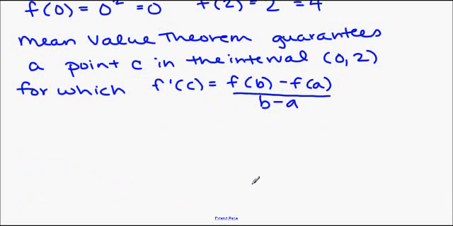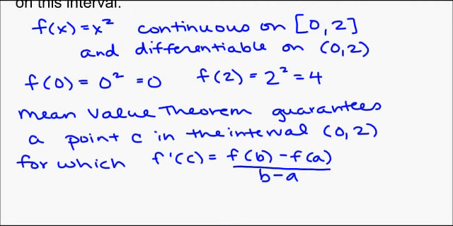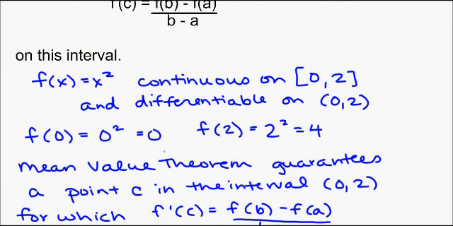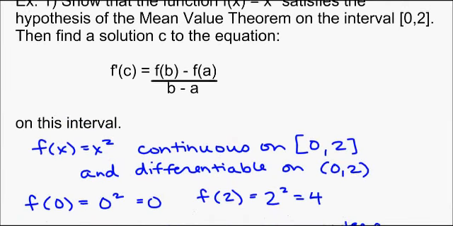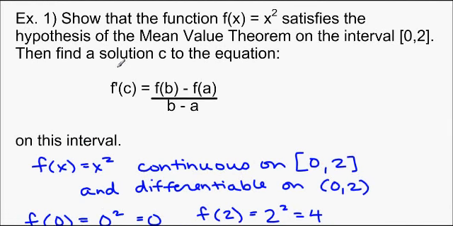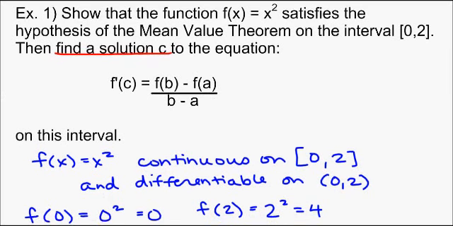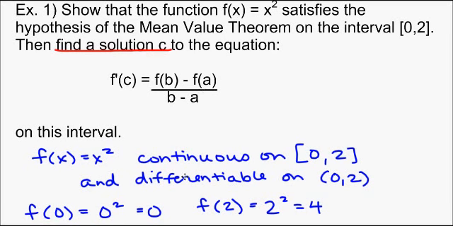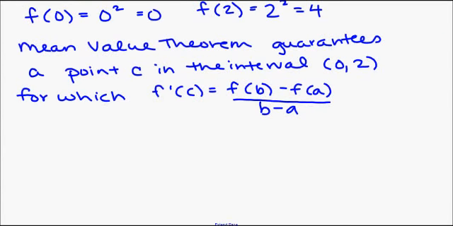Okay. So basically we can get to this with the information we've already been over. That is what the mean value theorem tells us, but we want to actually find c. So let's plug in what we have. A and B are going to be our endpoints, and f of A and f of B are going to be 0 and 4, which we just found. So let's plug those in.